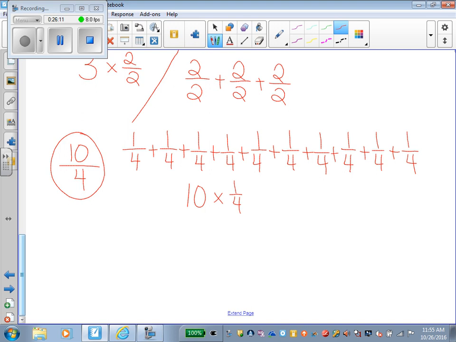And then, now Addie, you gave me another one. What's another one that I could do? 5/4 plus 5/4. All right, so we could do 5/4 plus 5/4. What's another way that I could show Addie's repeated addition? Jabria? 2 groups of 5. 2 groups of 5/4, which would be 2 times 5/4.